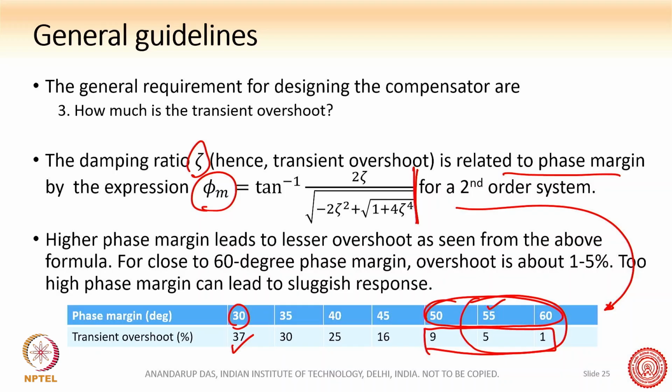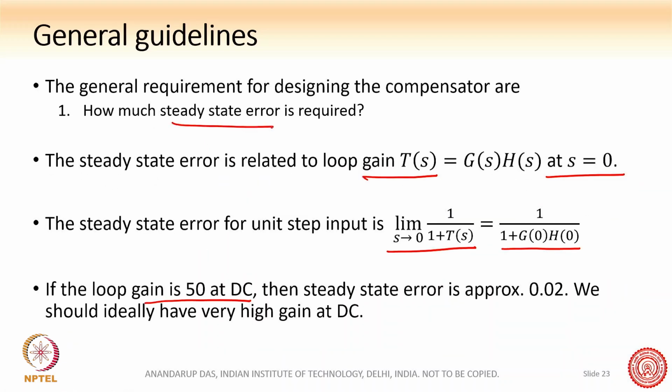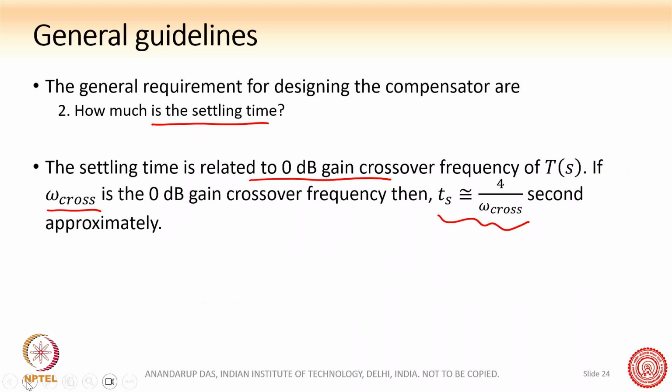So here we see that there are three things that are important from the transient performance point of view. Number one, steady state error: from the loop gain plot we know how much the steady state error is. The second is the settling time, which we know from the omega cross of the loop gain.